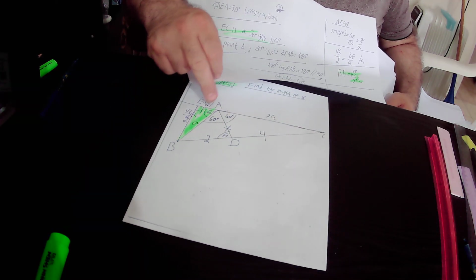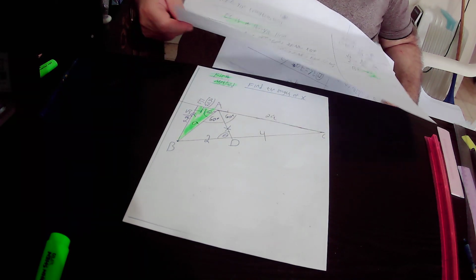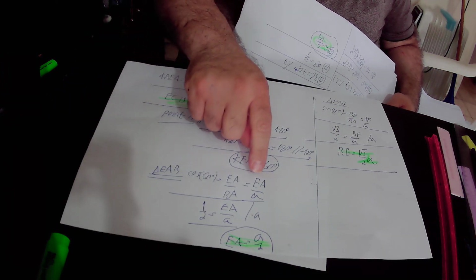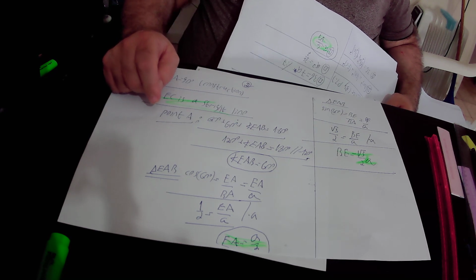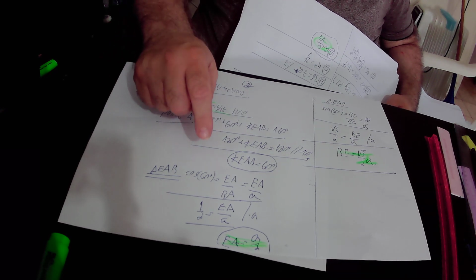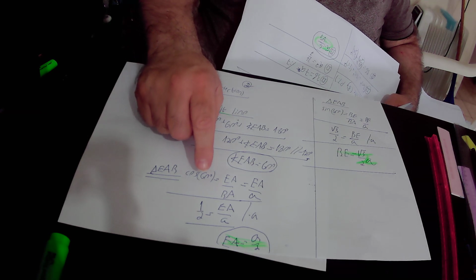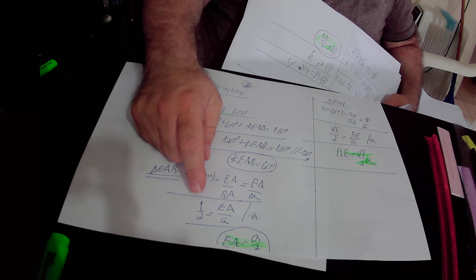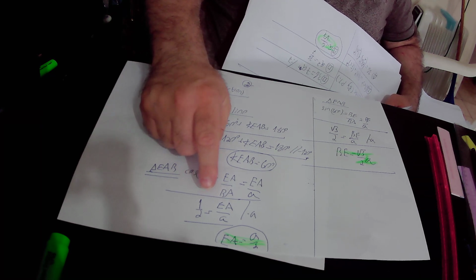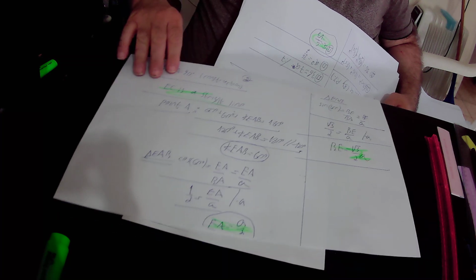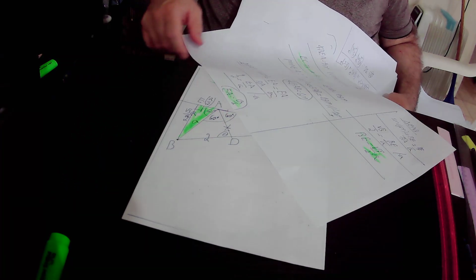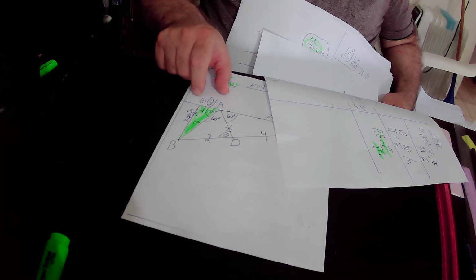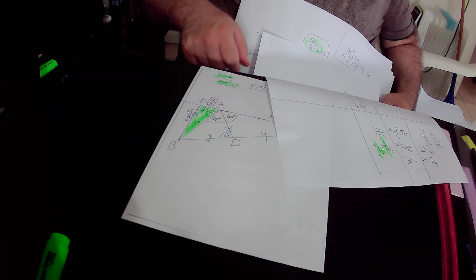BA equals A units, so we substitute BA by A, and we get that cosine 60 degrees equals EA over A. Cosine 60 degrees equals 1/2, so we substitute and get 1/2 equals EA over A. We multiply this equation by A, and we find that EA equals A over 2. This side EA equals A over 2.